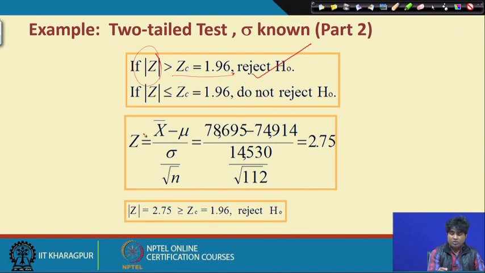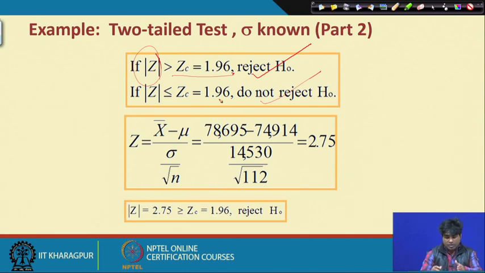If not, you cannot reject the null hypothesis, and in that case your Z calculated will be less than Z critical, that is 1.96.